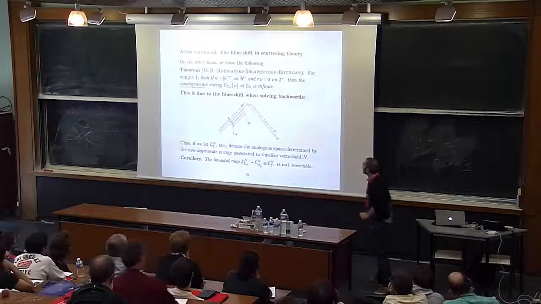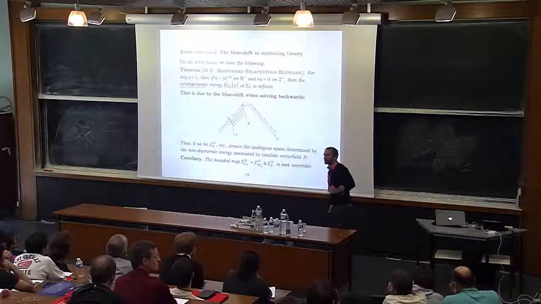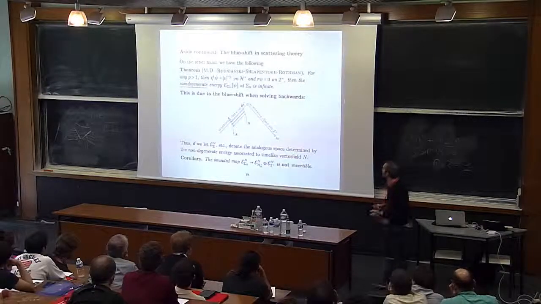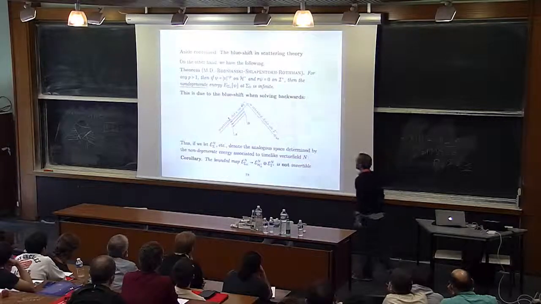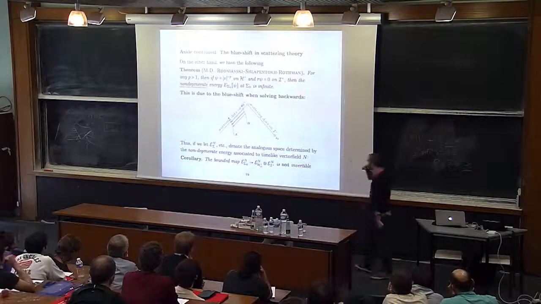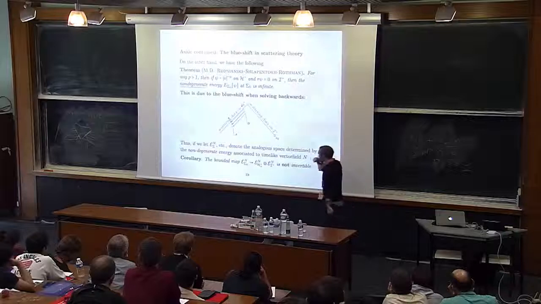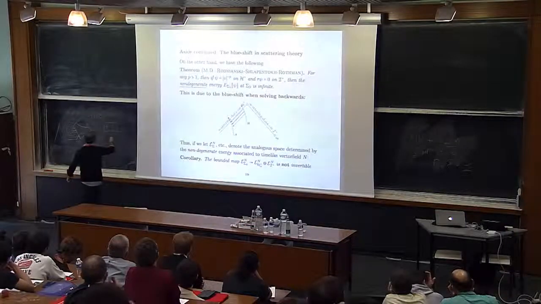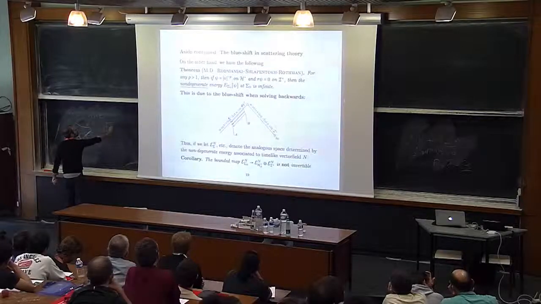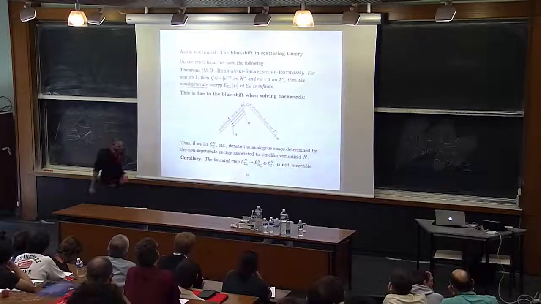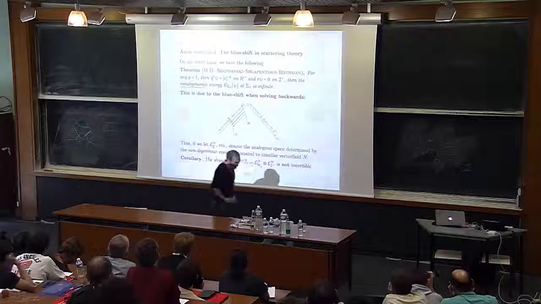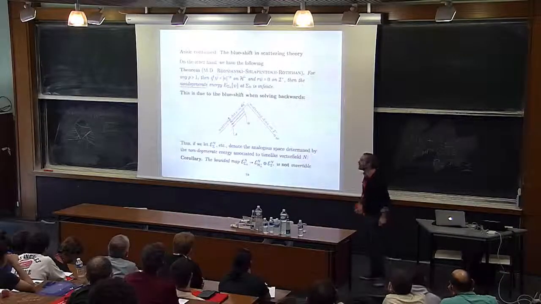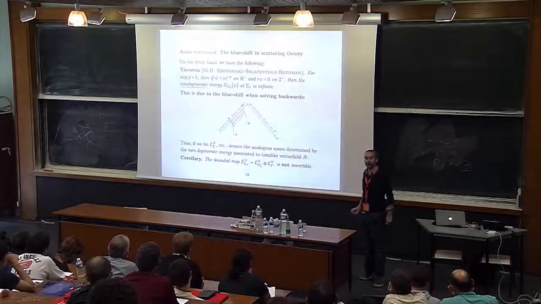But why does the Blueshift effect secretly rear its ugly head in the context of scattering theory? Well, it turns out that you don't see this when you look at this conserved energy, exactly because the conserved energy is conserved, and the vector field d by dt becomes null and tangential to the horizon.